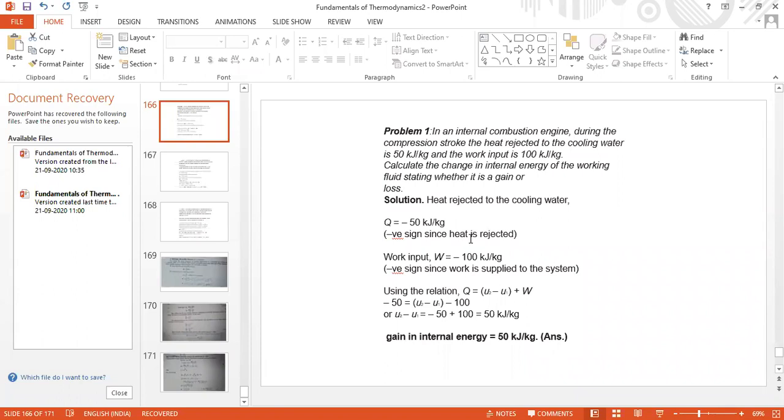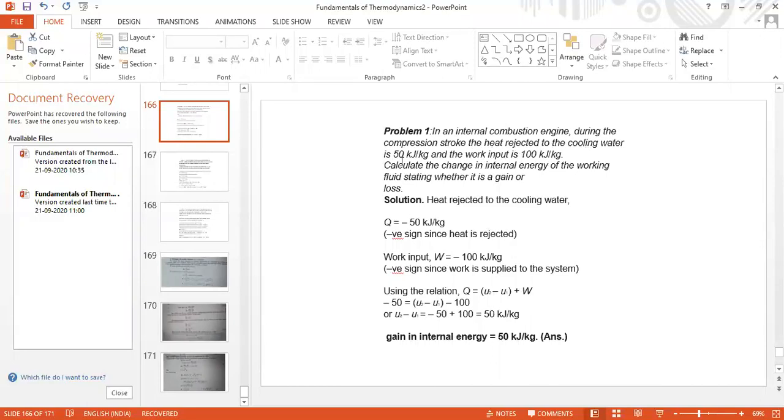Internal combustion engine, compression stroke, all these may look strange, new at this point. But what are old terms and known to us, you are to identify those terms only.